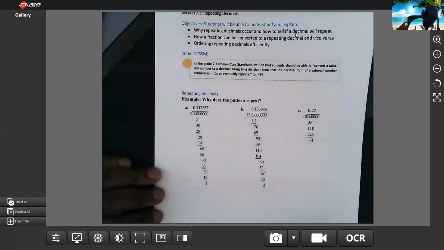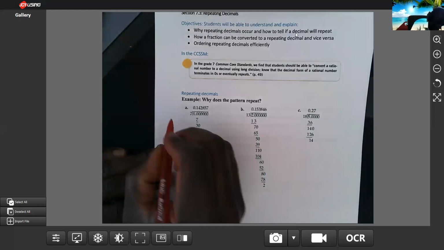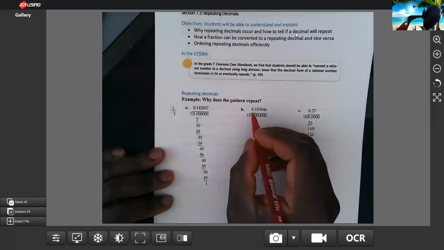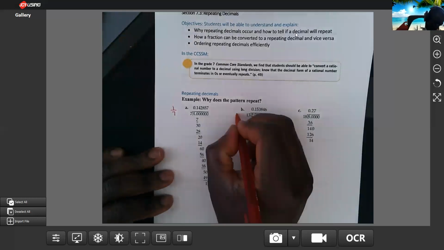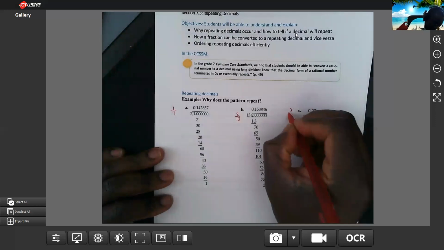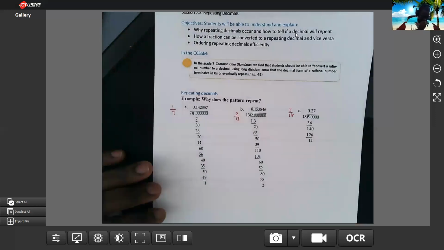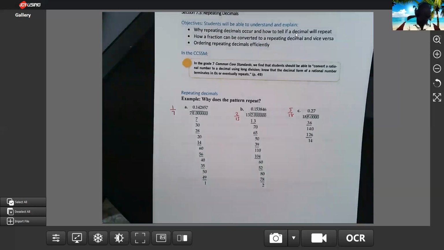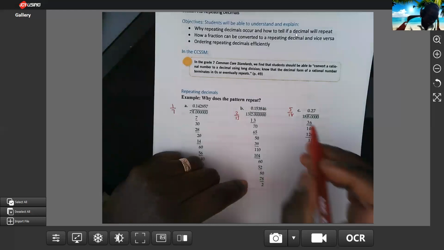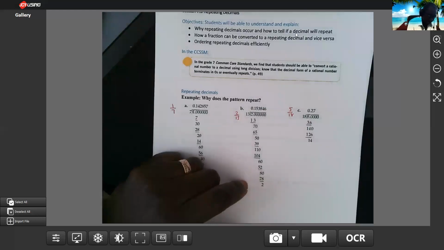Now notice that the rational number here is 1 over 7. In this case, it is 2 divided by 13. And over here you have 5 divided by 18. Okay. Now how do we know whether this terminates or not? If you use the previous section, section 7.1, using Theorem 7.1, 18 is 9 times 2, so you have 2 times 3 squared.